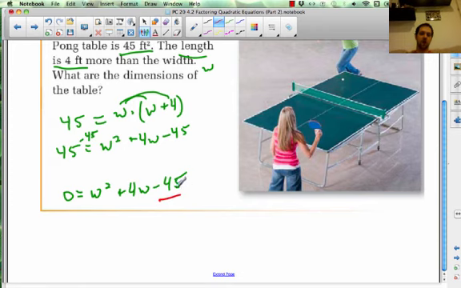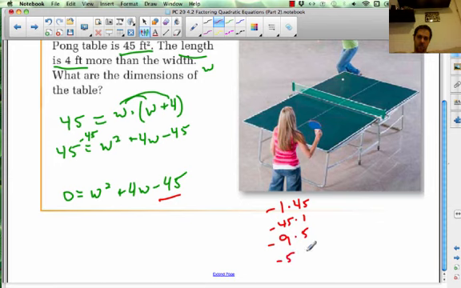Find the factors of minus 45 that add up to positive 4. So let's start with negative 1 and 45 and negative 45 and 1. Obviously that sum is way off. So I'm going to jump to minus 9 and 5 and minus 5 and 9. This is the one that gives us a sum of positive 4.